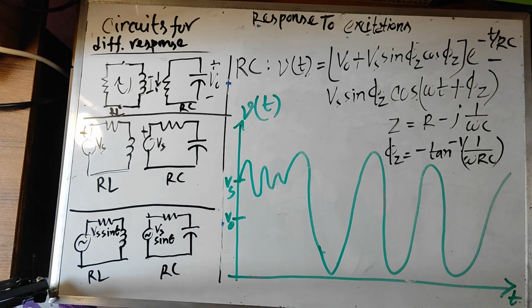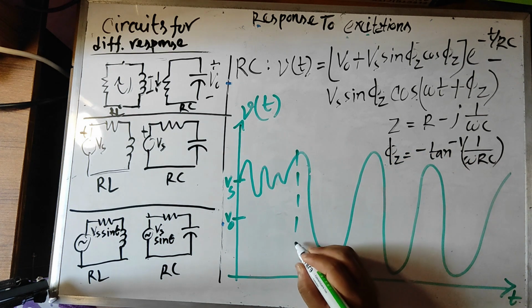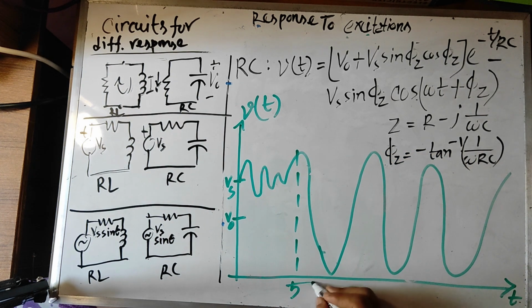So say at this point, this is 5 tau. Tau is the time constant, and this is the approximate response of the circuit.